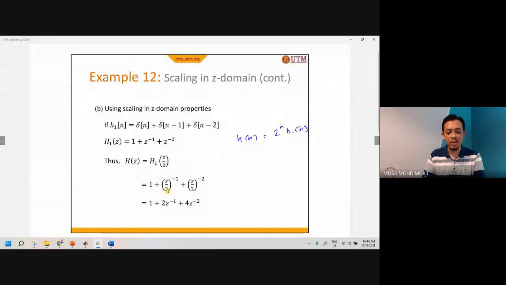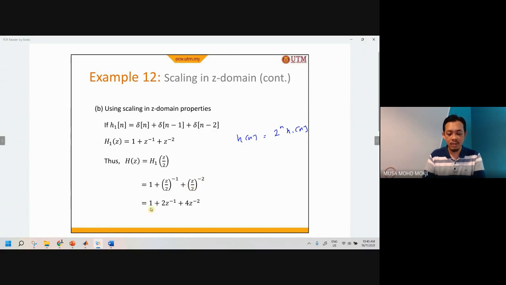Okay, why divided by 2? Because the a is 2. So then z divided by 2, you will have this one as z to the power of minus 1, and this is 2 to the power of minus 1, and 2 to the power of minus 1 is actually 2. And then this one is z to the power of minus 2, and this is 2 to the power of minus 2, so you get 2 squared as a denominator, and then bring it up, so you get 4.